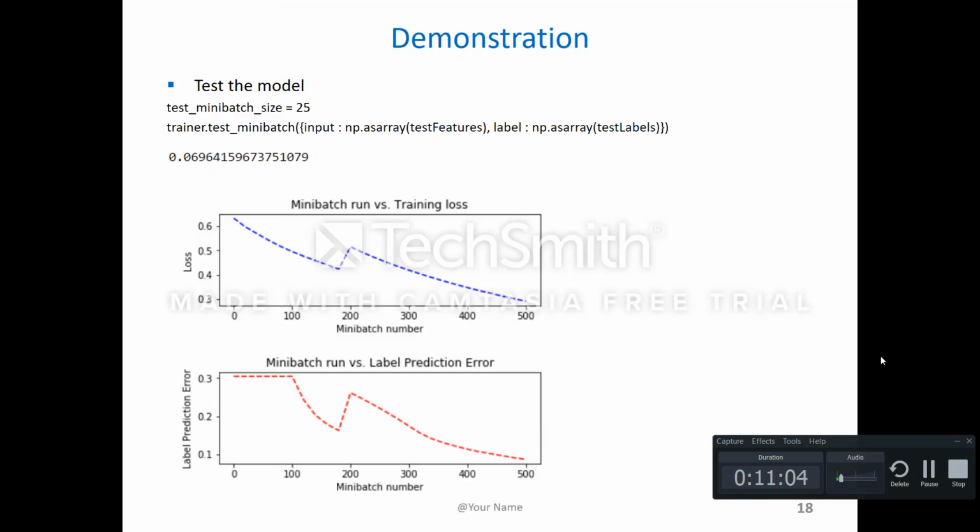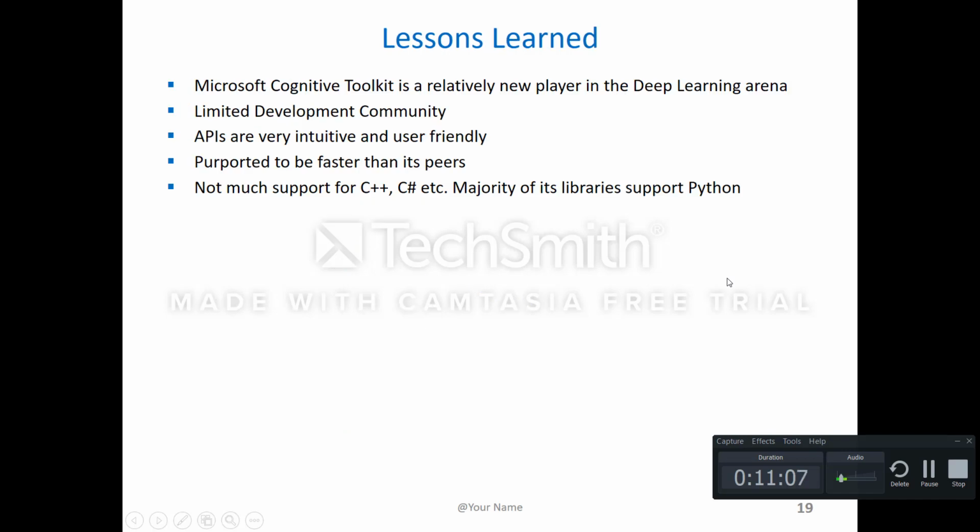So this was a very interesting experience to research the CNTK, as it's a relatively new player in the deep learning arena, and it has a very limited development community.